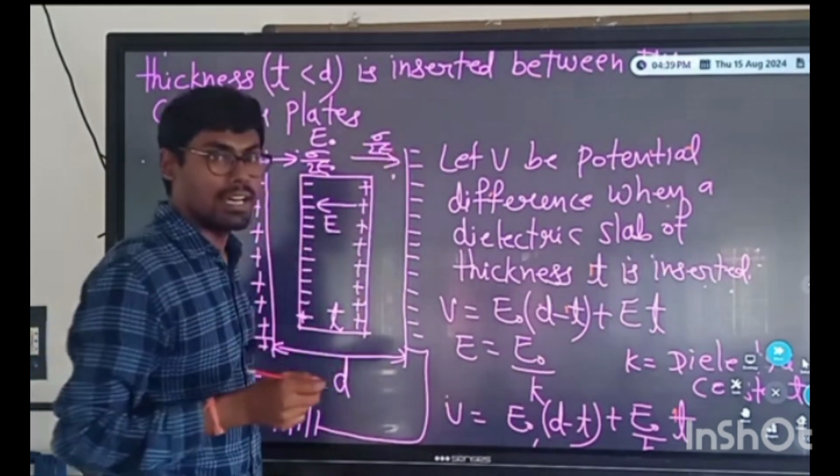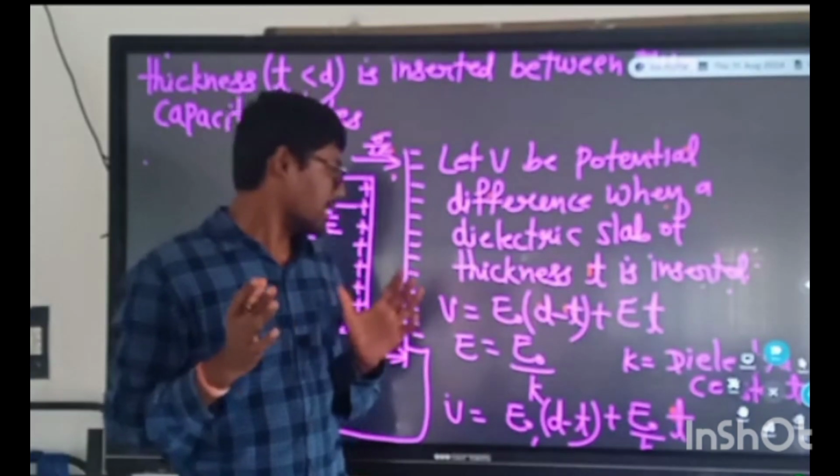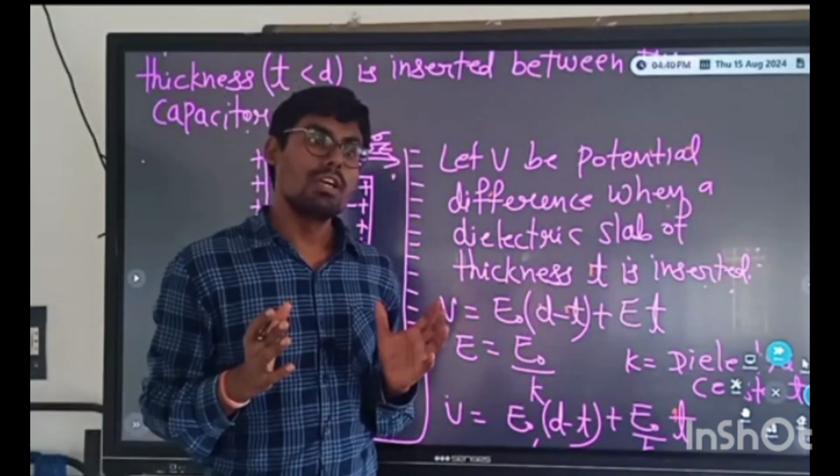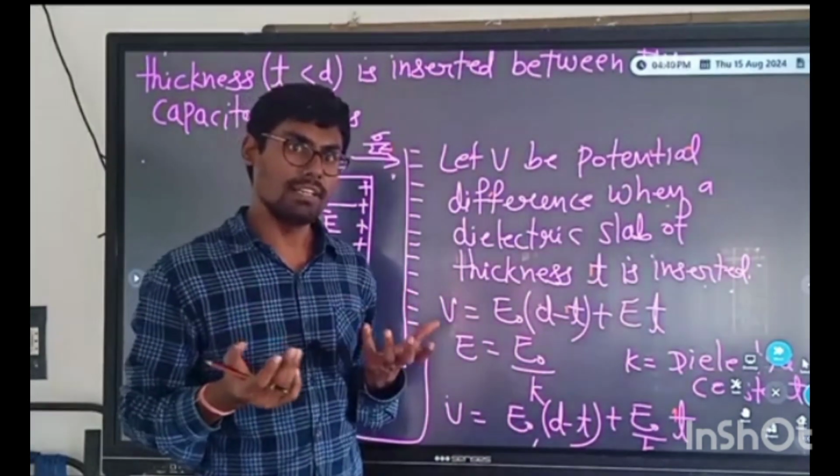So inside the capacitor plates, the net electric field will be sigma by epsilon naught, where sigma is the surface charge density.